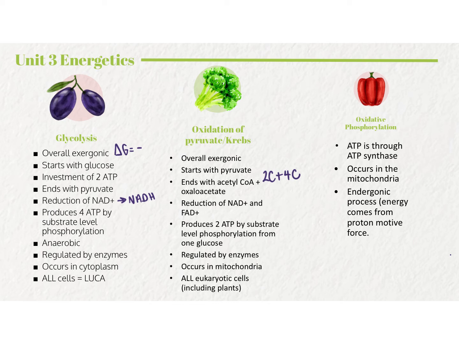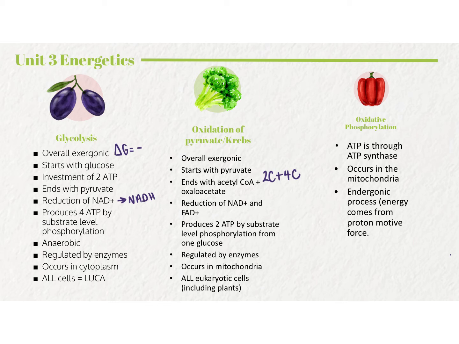Now, the NADH and FADH2 that had been reduced in glycolysis, the oxidation of pyruvate, and the Krebs cycle are then going to donate electrons to an electron transport chain in the inner membrane of the mitochondria. That electron transport chain is going to use the electrons that are taken from NADH and FADH2 to create a hydrogen ion concentration gradient.